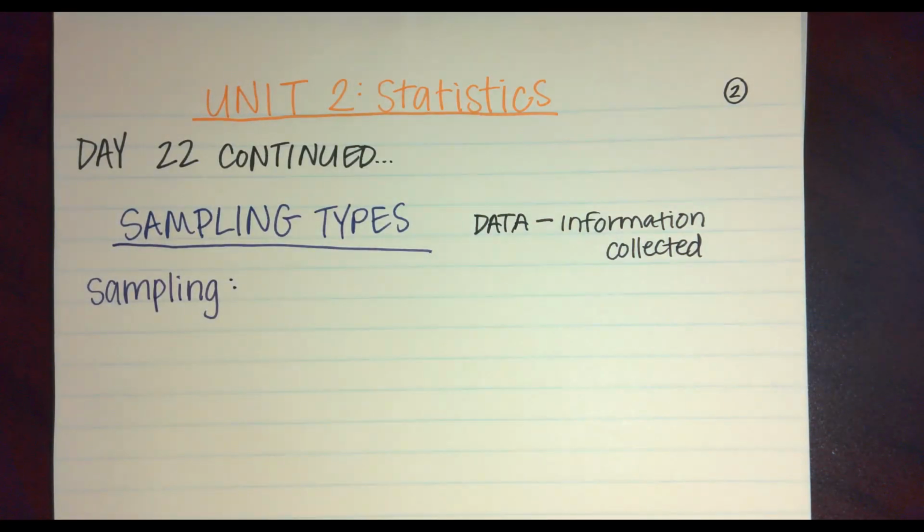Think about it like when you're at the grocery store or at Costco, if you ever go there, they give out free samples of stuff. You're going over there and you're collecting information with your taste buds on if you like the product or not. Sampling is just a, what's the word I'm thinking of? Small portion. Yeah. It's a technique or a method of collecting data. That's really all it is.